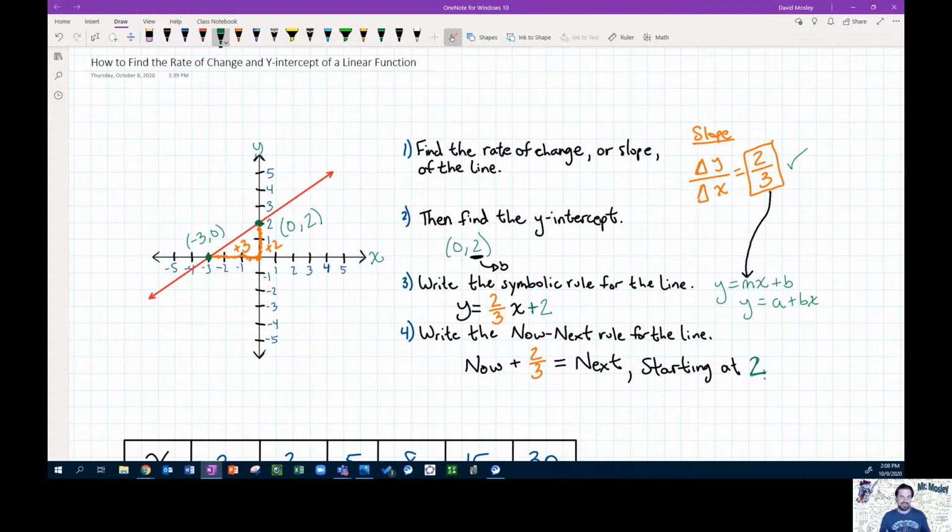It doesn't make sense to have negative t-shirts. So you have an actual starting value. A base salary could be another example. It doesn't make sense to start negative. For just a graph with a line, a now-next rule doesn't make a ton of sense because obviously we can have negative values on that line for a starting point.